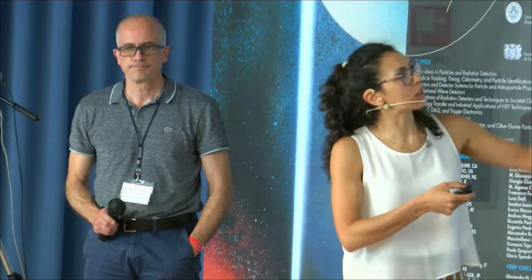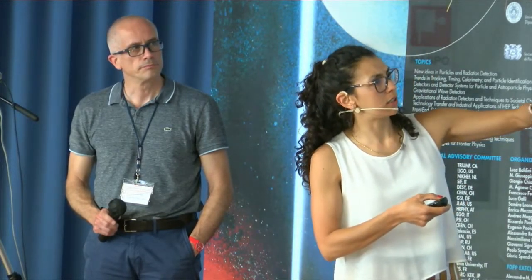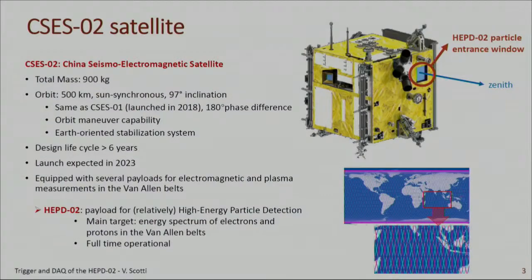In 5 minutes, you go from the equator to the South Atlantic Anomaly, so you really need to change the configuration of the ASIC, basically. This is the orbit, and we do one orbit in an hour and a half, basically. I don't know if I was clear.